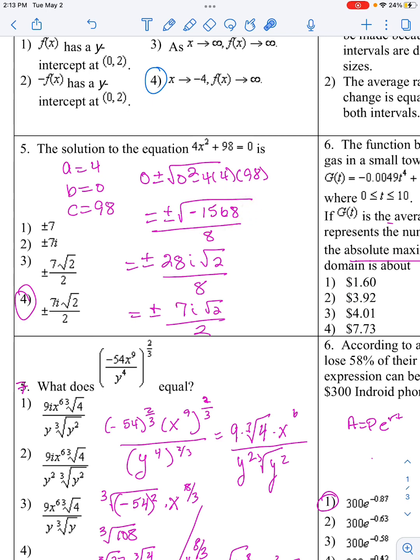So if we simplify this, we can simplify this a little bit further here. So we can do the square root of 784.